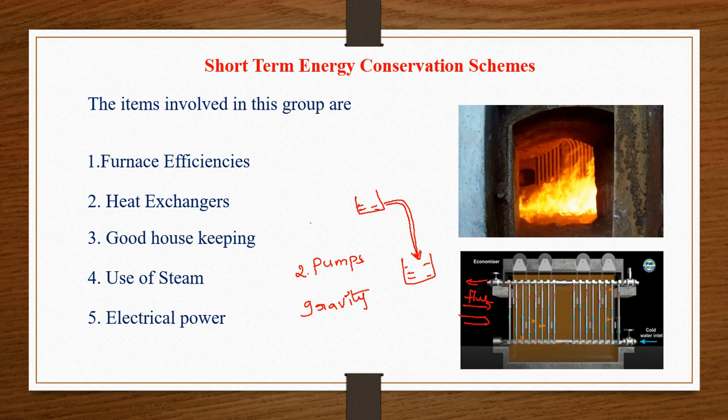Here the energy is electrical energy, electrical power we are saving. These are some energy conservation methods that don't require any cost or investment. That's why these come under short-term energy conservation schemes, and they can save up to 10% of our cost. Is it clear up to here?